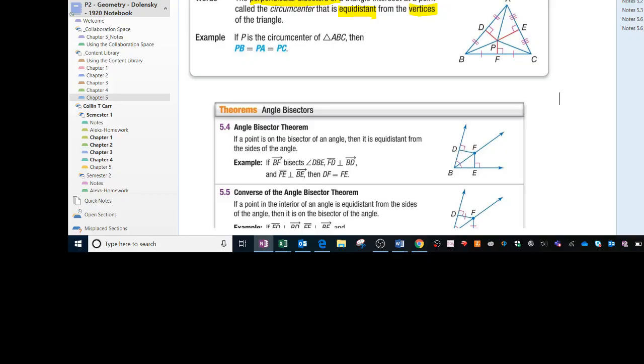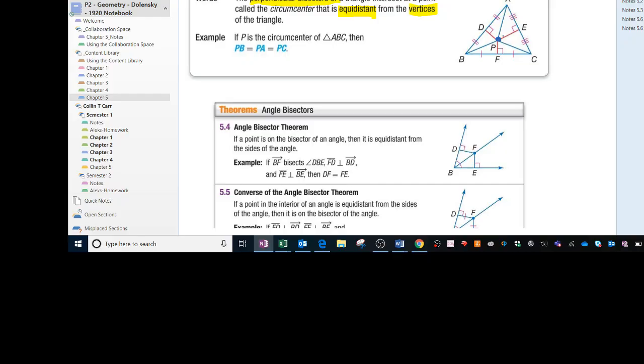With a protractor and a compass, you can circumscribe, which is to draw a circle around a triangle, by finding the perpendicular bisectors, finding the point where they meet, and then putting your compass on one of the vertices and going around, it would go perfectly around the triangle.